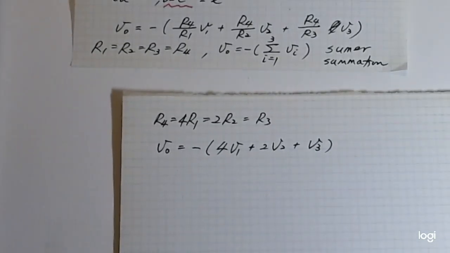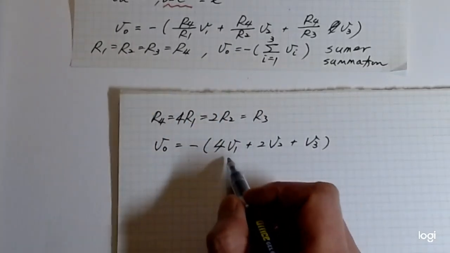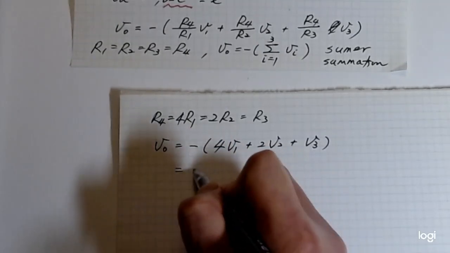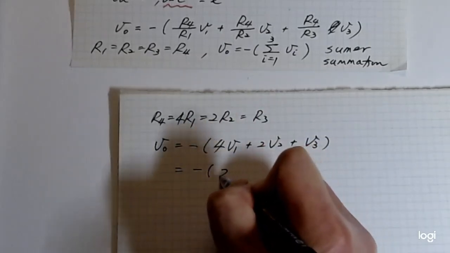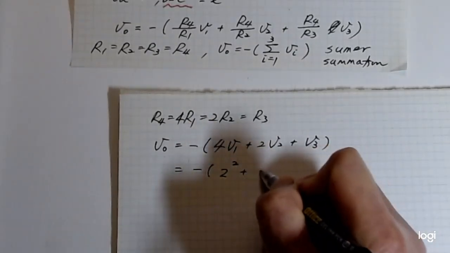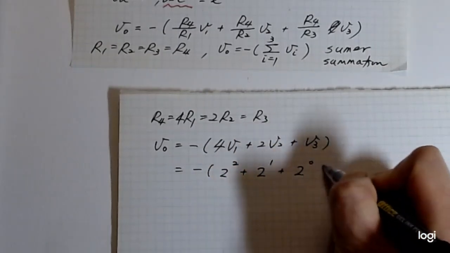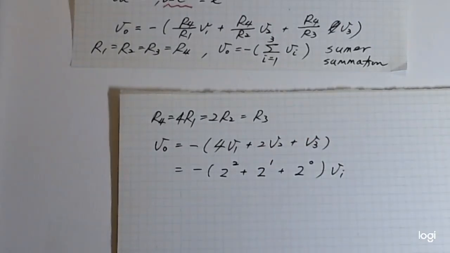This might not be clear what this is for, but let's say the input voltage is always the same, and put 4 in terms of 2 squared plus 2 to the 1 plus 2 to the 0, times V in or V1.